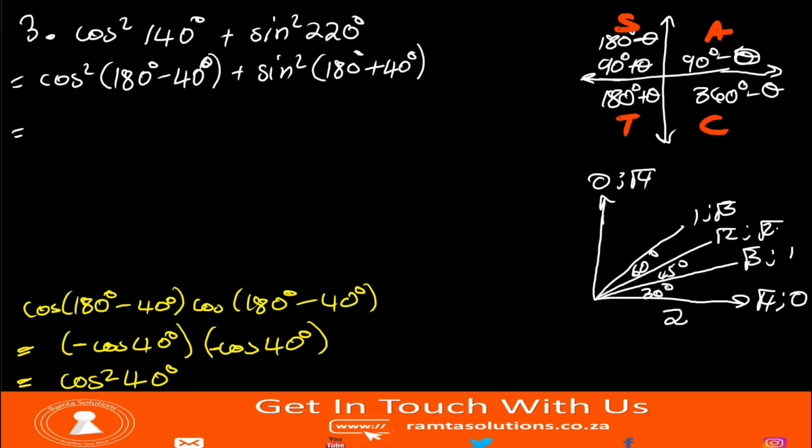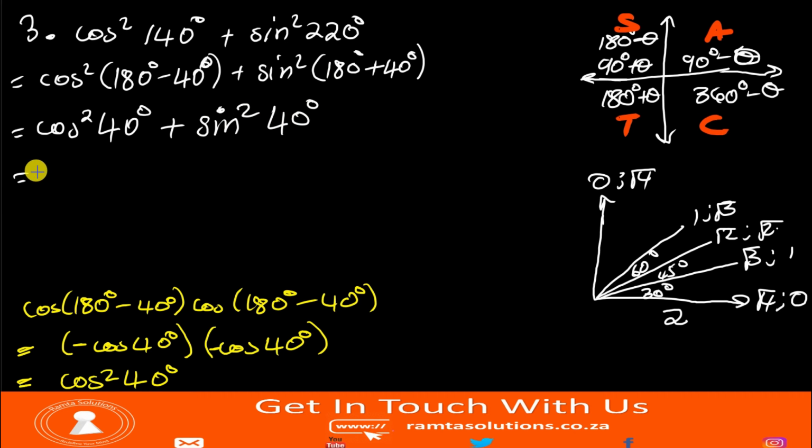So that means cos squared of 180 degrees minus 40 is cos squared 40 degrees. Plus, what is this one here? This is 180 degrees plus 40. Again, we know that sine in the 180 plus is negative, but because it's a square, it'll be sine squared 40 degrees.